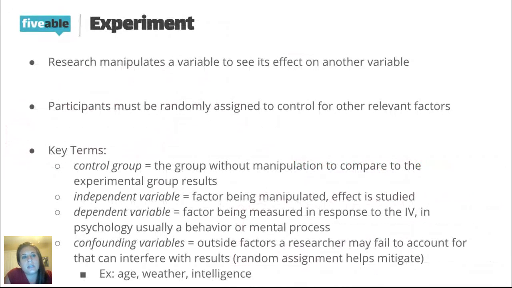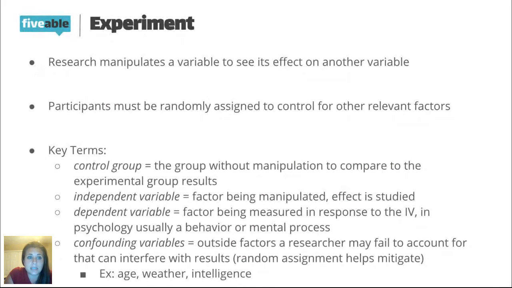But basically, in an experiment, a researcher is going to manipulate a variable to see its effect on another variable. And just like we talked about doing things randomly, like pulling people in from the population, random assignment to groups is really important to control for other relevant factors.